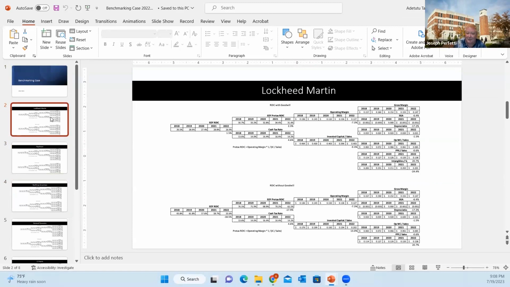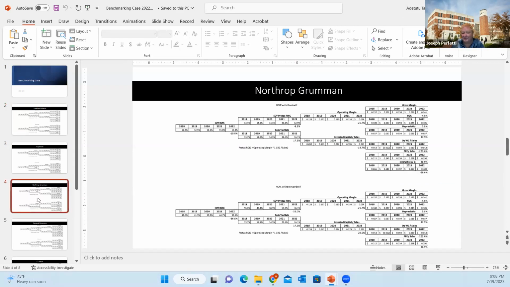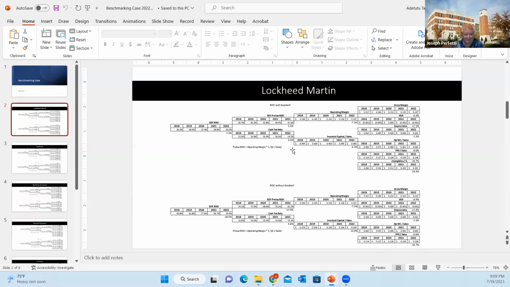Start with the first level drivers. Was it the tax rate? Was it the operating margin? Or was it the invested capital to sales? What's the biggest difference between these two companies? The tax rate. I don't think so. 14 to 16% at Northrop Grumman. What's it at Lockheed Martin? 14%. I don't think the tax rate's what's driving that ROIC to be twice as high at Lockheed Martin.